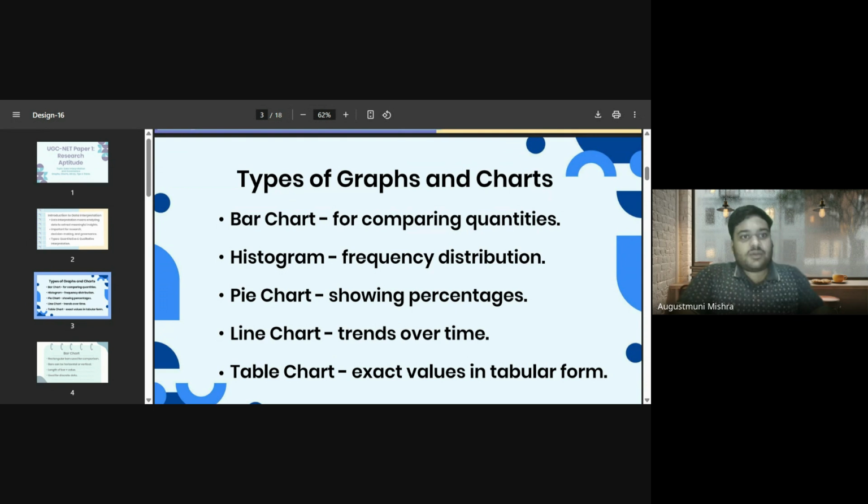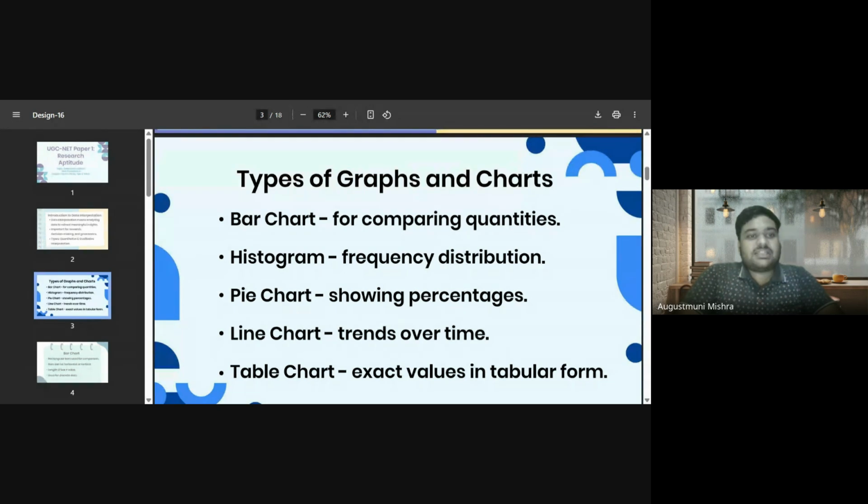Those who are performing research or pursuing a PhD, I think they are understanding this. I hope even when I solve this kind of question, you will also understand. So the histogram is used for frequency distribution.